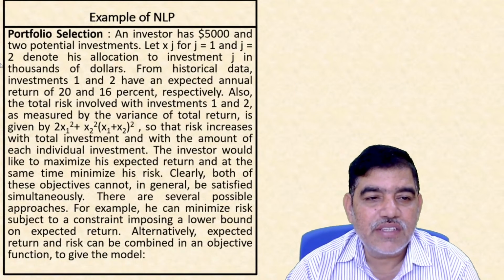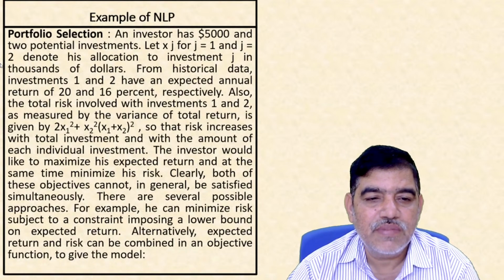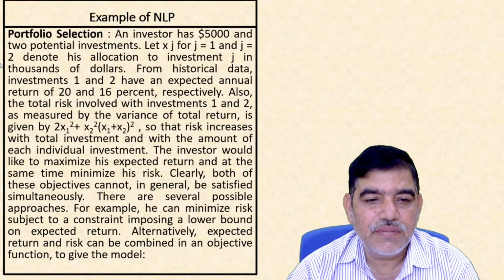Also, the total risk involved with investments 1 and 2, as measured by the variance of total return, is given by the equation 2x1 square plus x2 square plus x1 plus x2 whole square, so that the risk increases with total investment and with the amount of each individual investment.